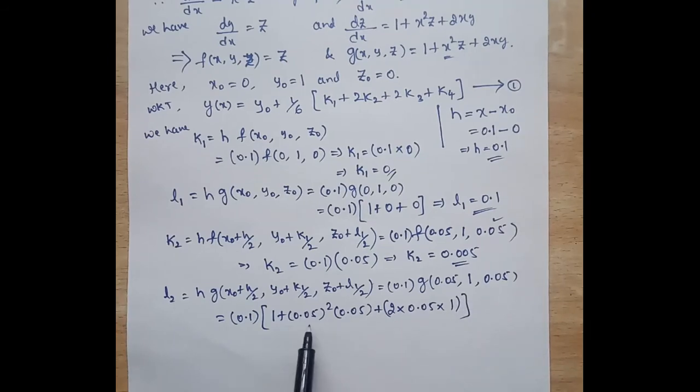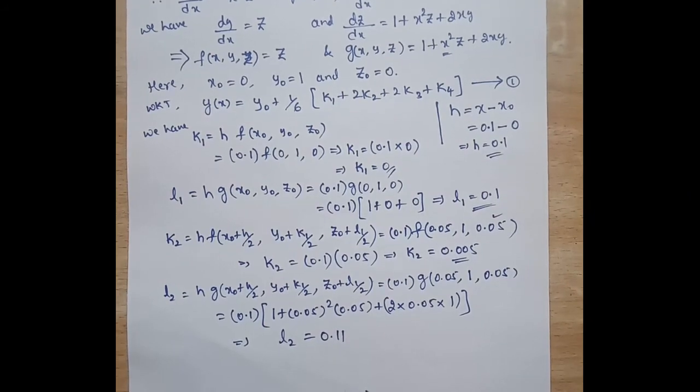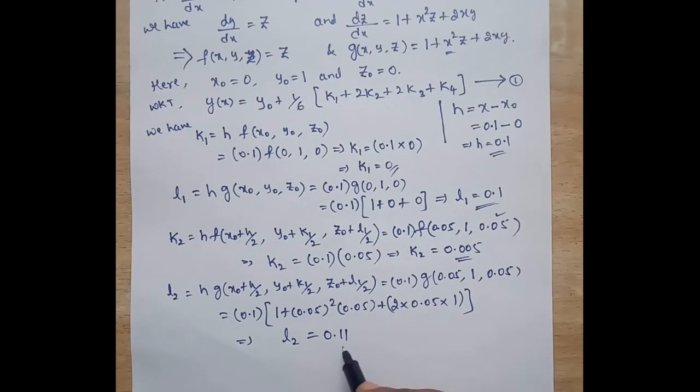So 1 plus x square z plus 2xy. Simplifying this, we get the value of L2, which is 0.11. So this is how we can find the value of L2.